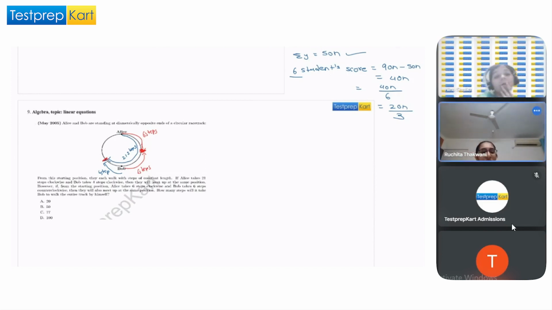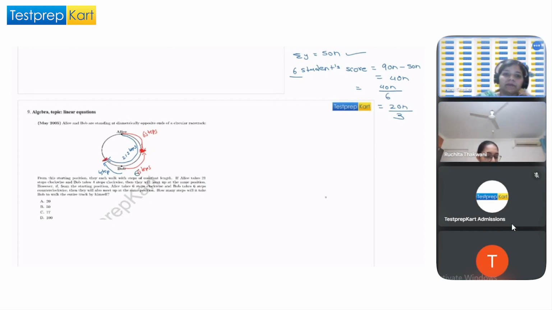What I got was that the difference is 9 steps. If half is counted as 12, and then what Alice walks is 21. Why will half be 12? 6 plus 4, no? Acha, this you are taking for Alice only. Ah, that's where I went wrong.